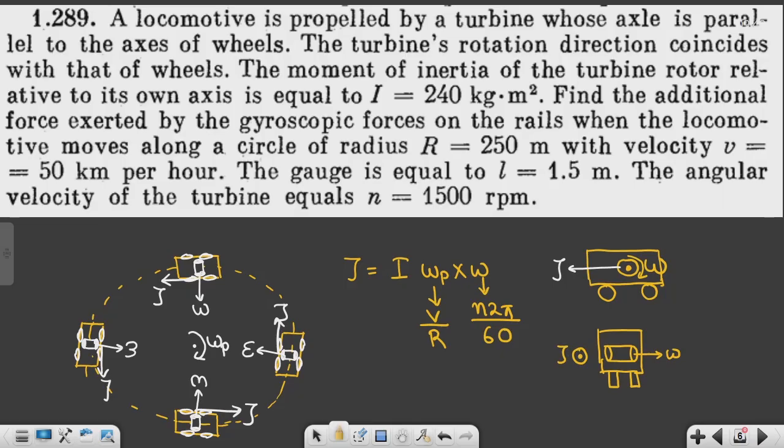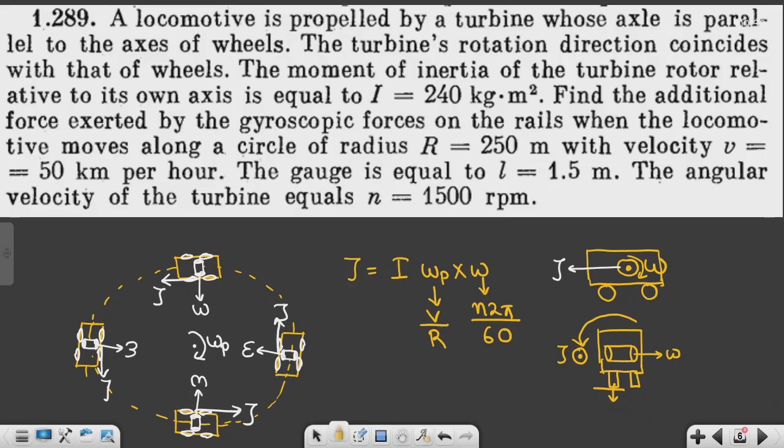This is the torque. Now if we use the right hand, this torque is trying to spin the entire thing in the anti-clockwise direction, isn't it? So there would be some additional normal reaction force on this left wheel. This is trying to topple. The question is asking what is this additional force.